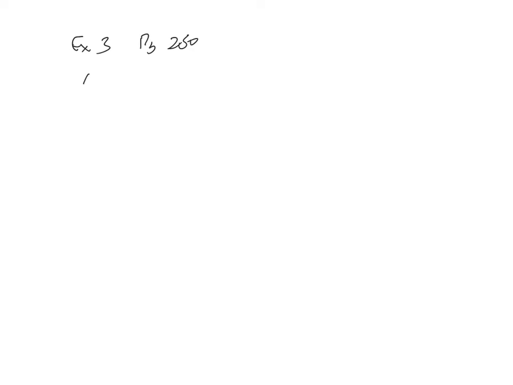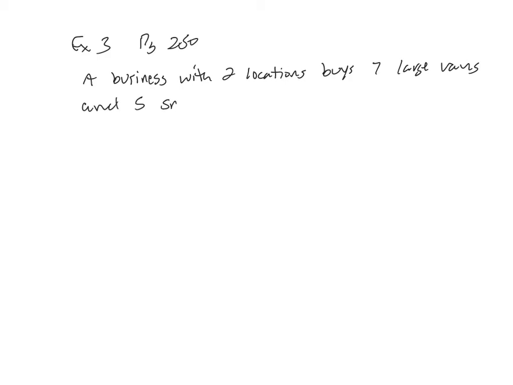So it says a business with 2 locations buys 7 large vans and 5 small vans. Location A gets 5 large and 2 small.